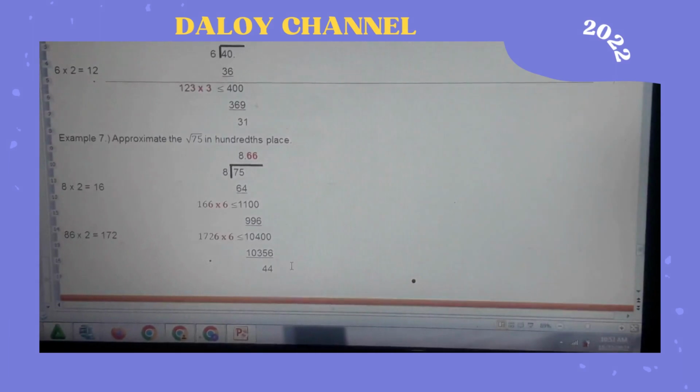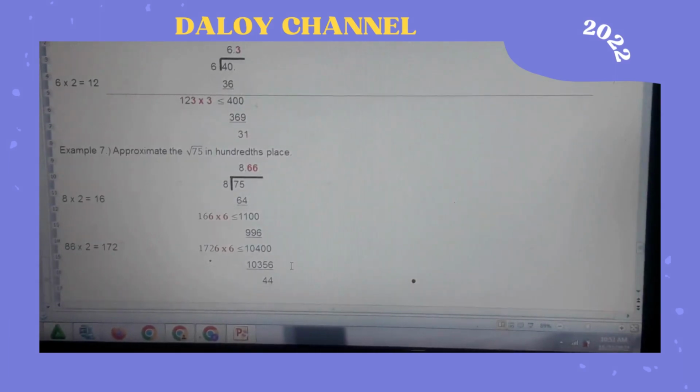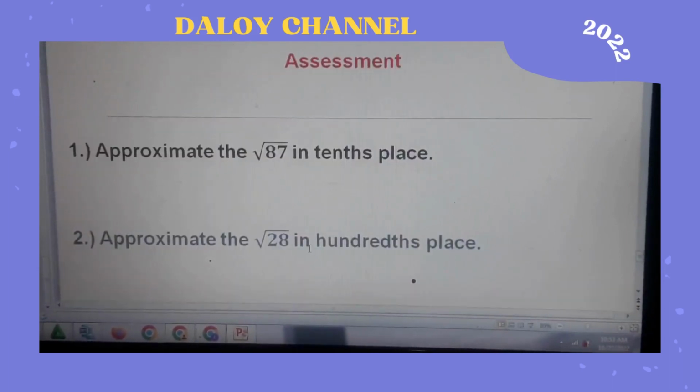Now, in order to master the process of approximating a radical number to a decimal place, you have to practice it always. Number 1, approximate the square root of 87 in the tenths place.